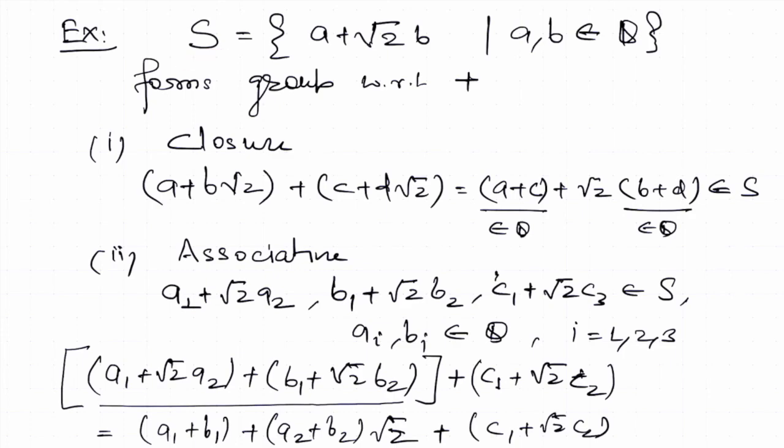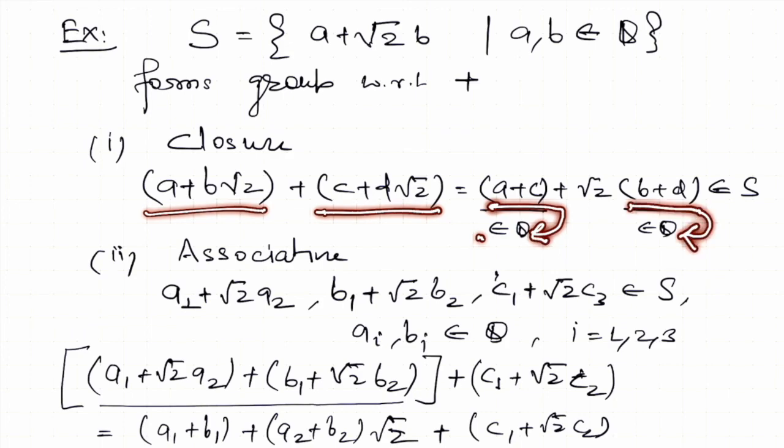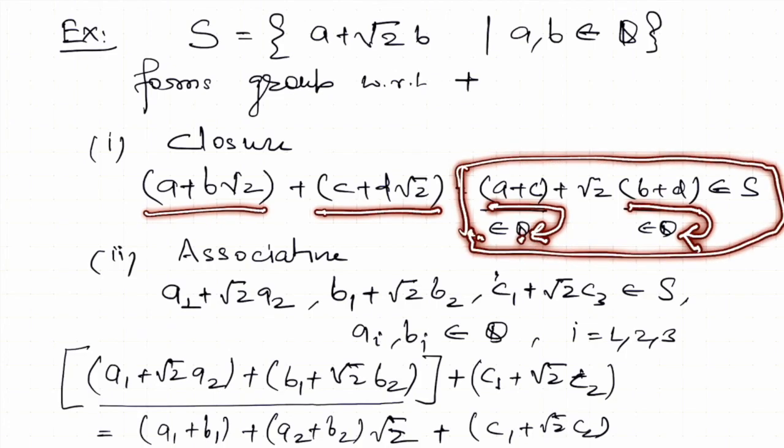So we simply take this and we add that. You can see that if a and c are rational numbers, then a plus c will be a rational number. If b and d are rational numbers, then b plus d will be a rational number. So the whole thing belongs to S, because it is of the form of some rational number plus root 2 times some rational number.